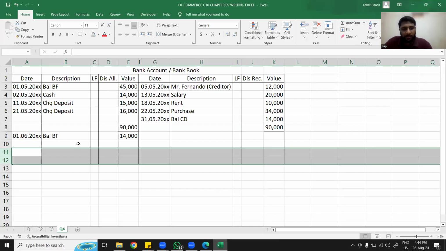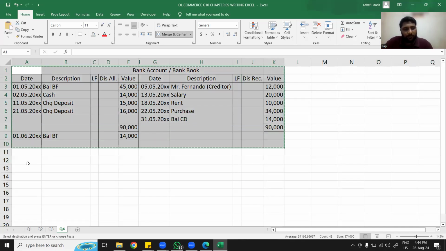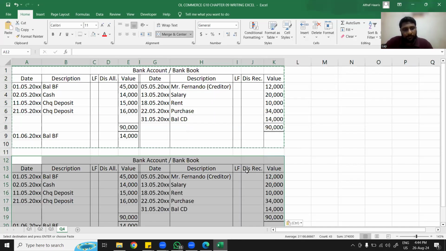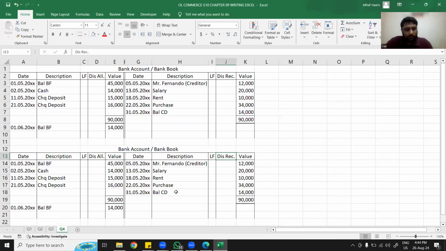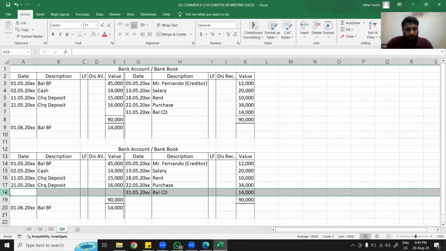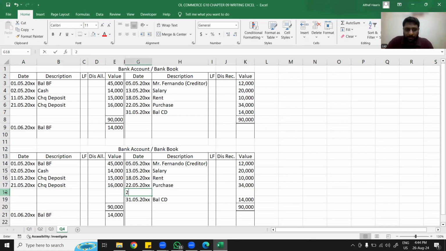Copy the current one, you make it again. So on 25th May 20XX, to purchase an equipment, if you pay 45,000, what will happen? Let's see.